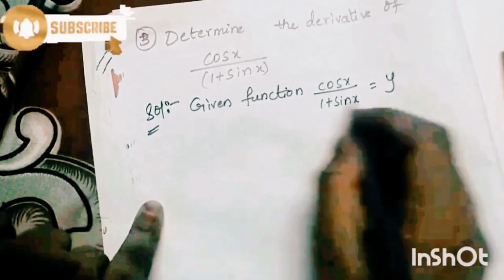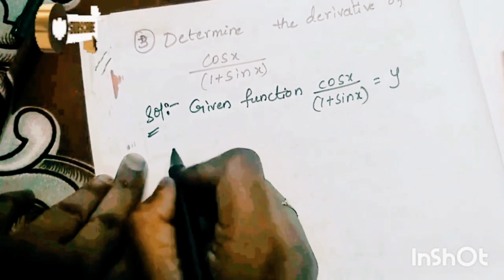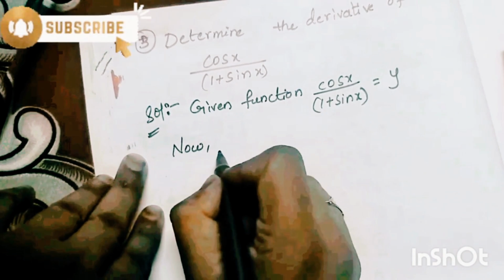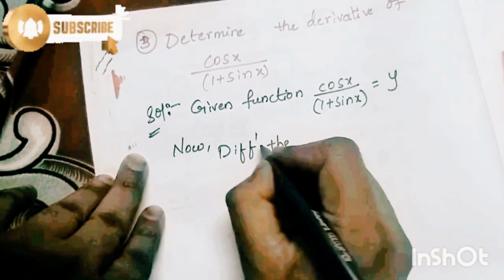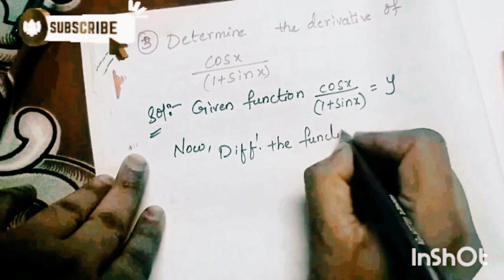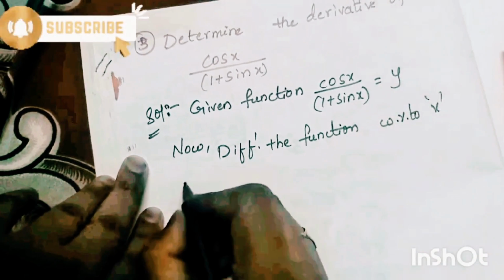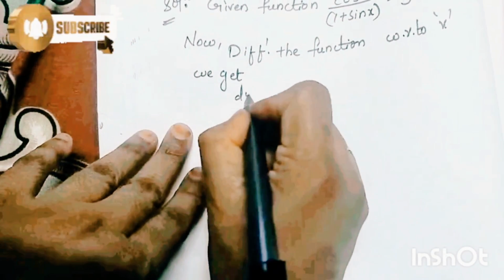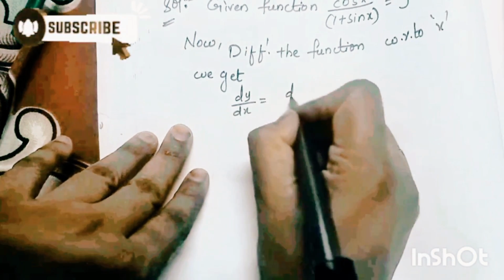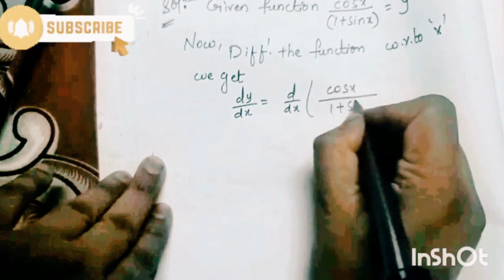Let y equal cos x by 1 plus sin x. Now differentiate the given function with respect to x. What do we get here? dy/dx is equal to d/dx of cos x by 1 plus sin x.